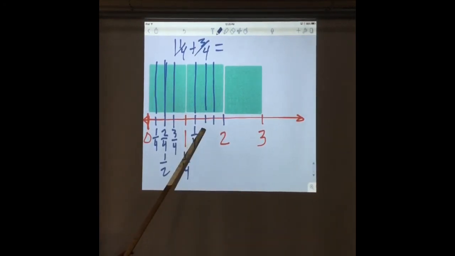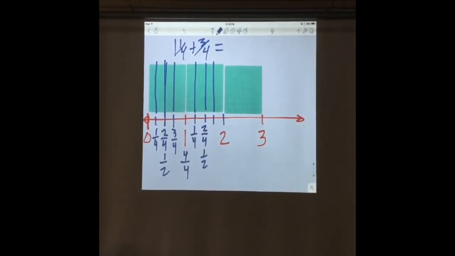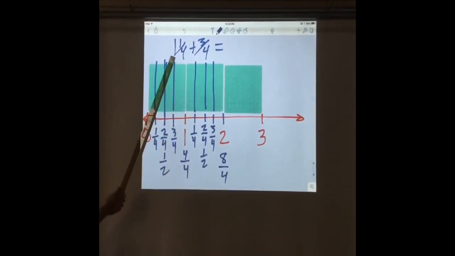This would be 2/4, aka half. And this last one would be 3/4. And then the next one would be 2, or, wow, how many fourths would that be? 8/4, yeah. Okay, so what are we starting with? Where do we put our dot for 1 1/4?